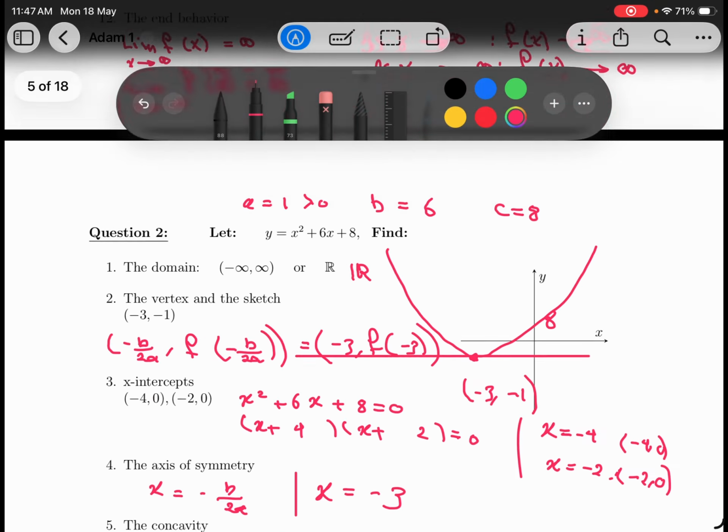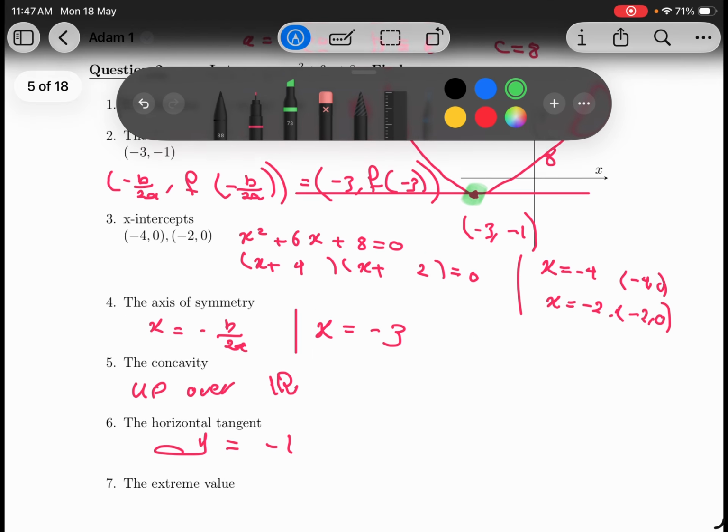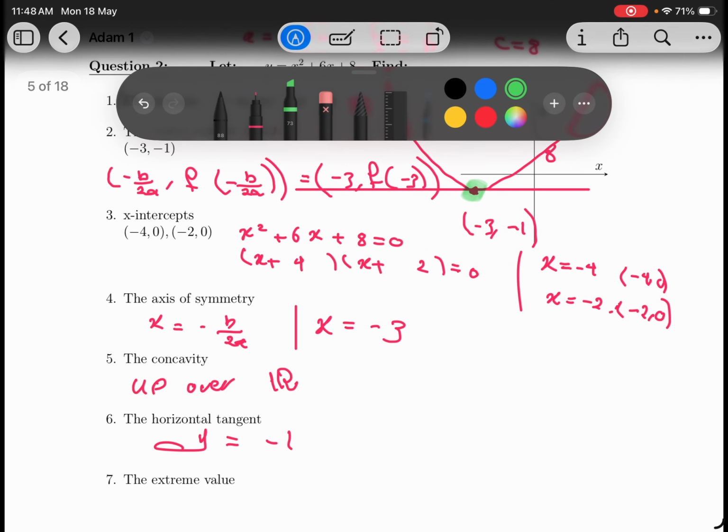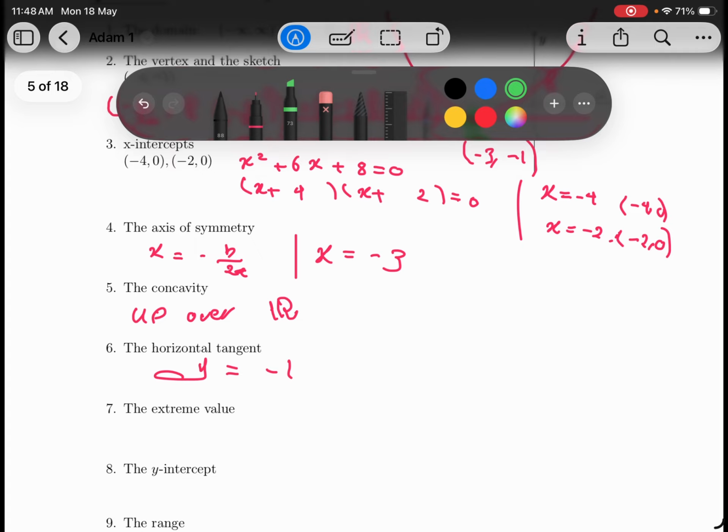Okay, and here the extreme value: as long as this curve is concave up, we have a bottom point here. If you look at this, guys, we have a bottom point. So this is the minimum value, which occurs at x equals minus 3, and the minimum value itself equals minus 1. So there are two things here to highlight.